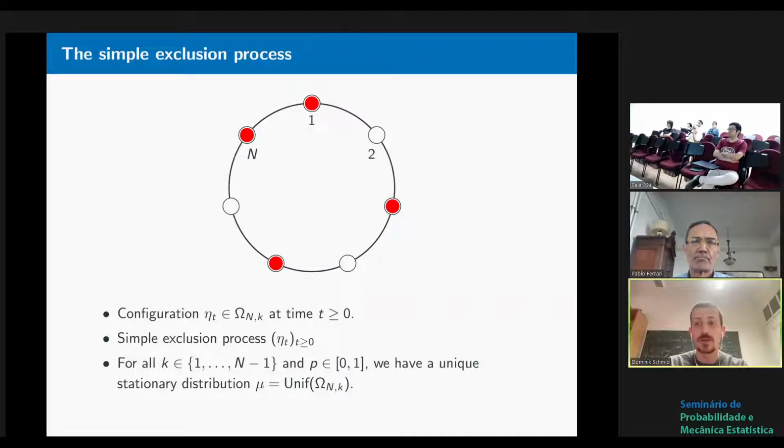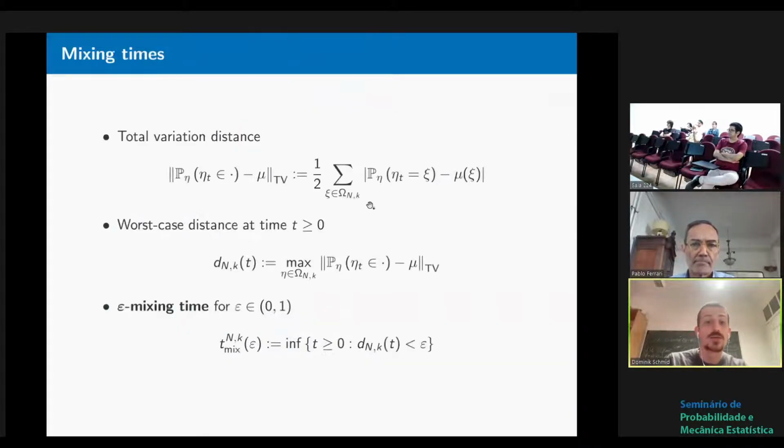In the following, we try to specify the speed of convergence towards the stationary distribution mu. And we do so by using the total variation distance. Total variation distance is nothing else but a half times the L1 norm between the law of the process at time t and the stationary distribution mu.